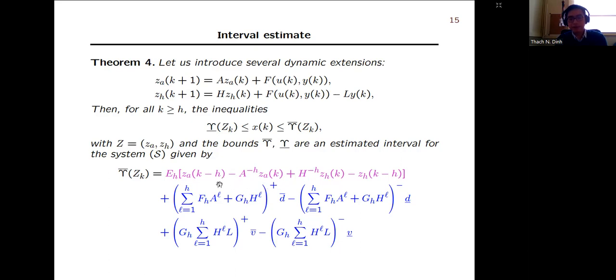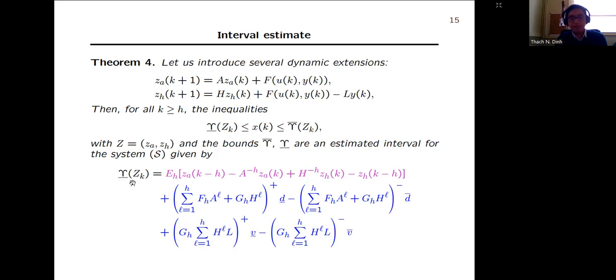If you remark, the purple term here is the exact estimate without uncertainties, and the blue part is the upper bound of the uncertainties.